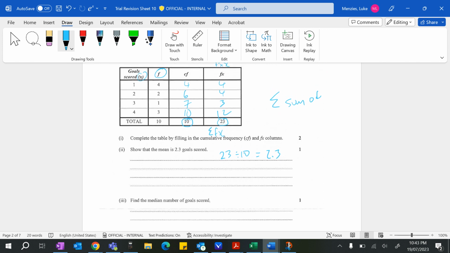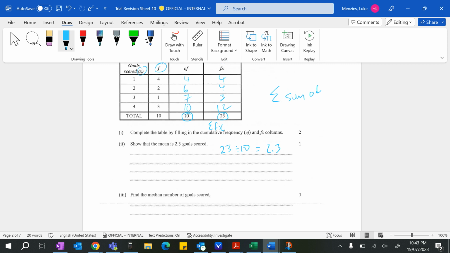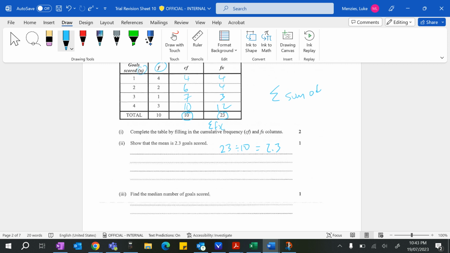Find the median. So think about the number 10, and what is halfway between 10? If you're not sure, some people are going to go, hey, guess what, it's 5.